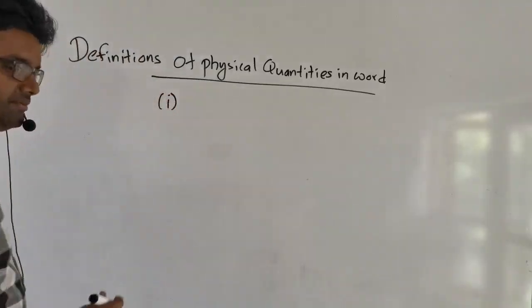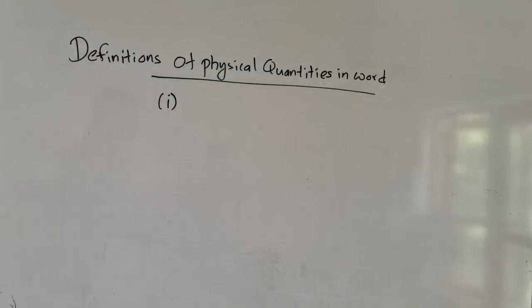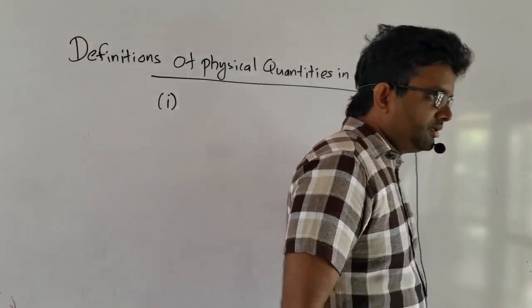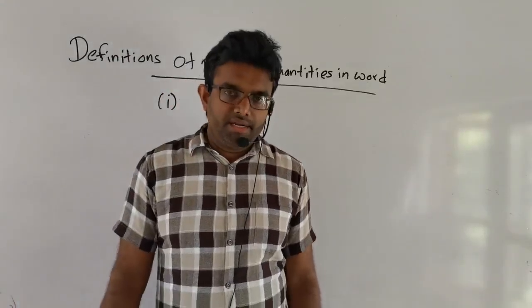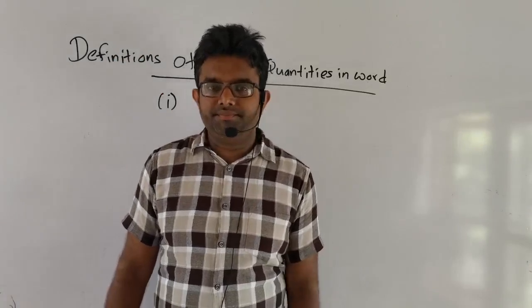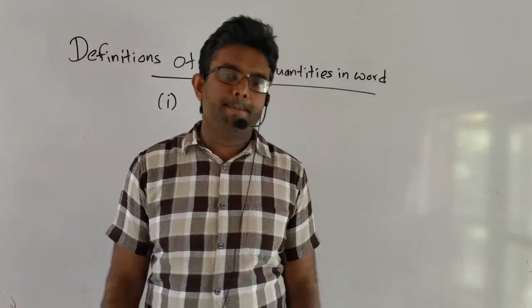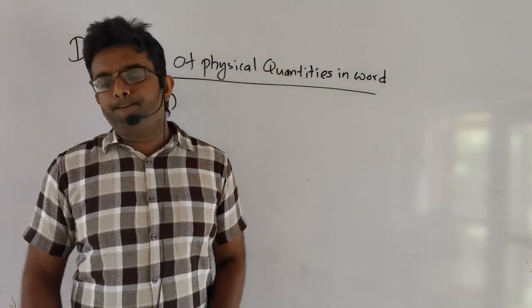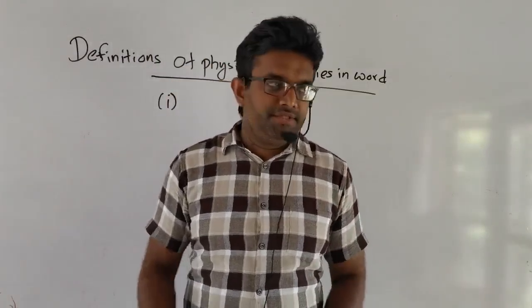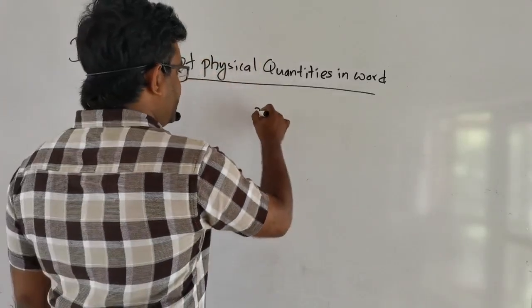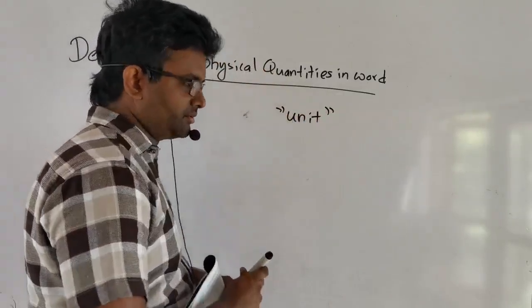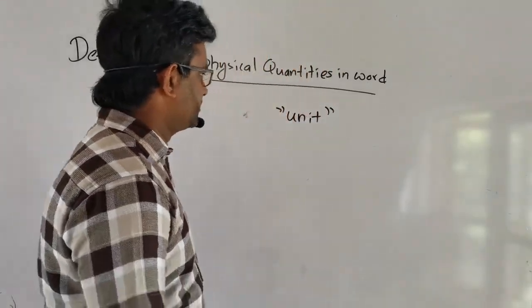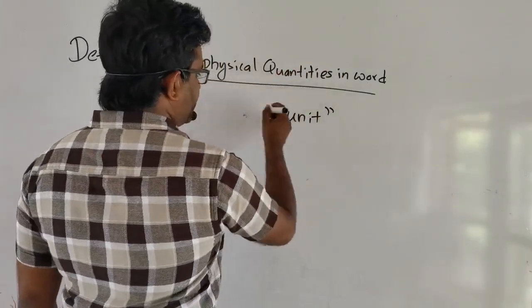Roman number 1, write down. First, underline the physical quantities given in the definition.